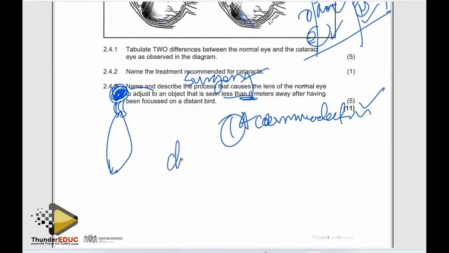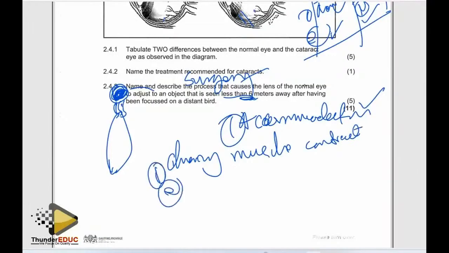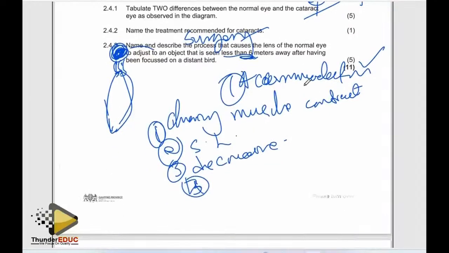Ciliary muscles contract. That's number one. Number two, suspensory ligament slackens. Then number three, tension on the lens decreases, meaning that now the lens becomes more convex.